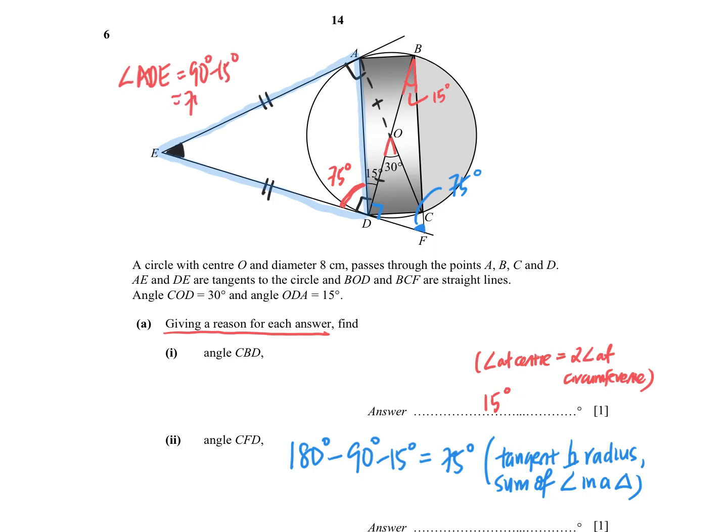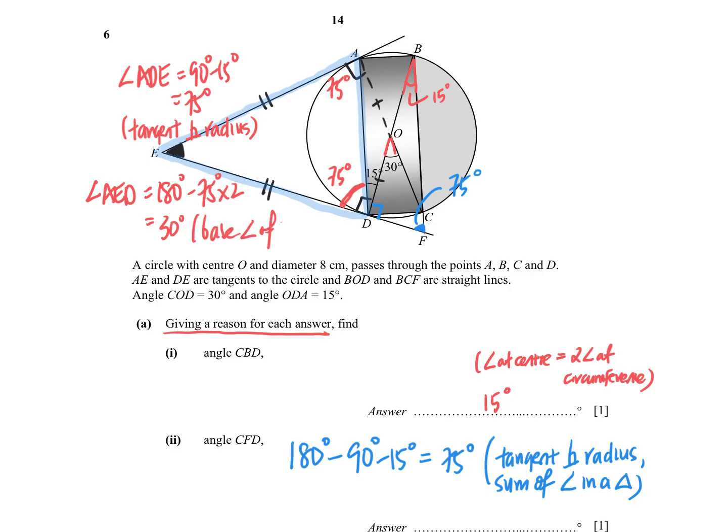So I get 75. This is because tangent is perpendicular to radius. Okay, after I know the 75, isosceles triangle tells me this is also 75. So AED is 180 minus 2 times 75. So 30 degrees. Base angles of isosceles triangle.